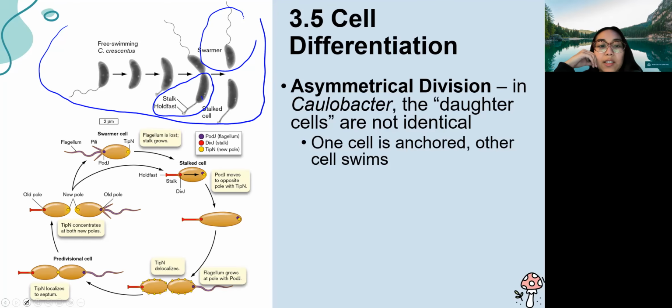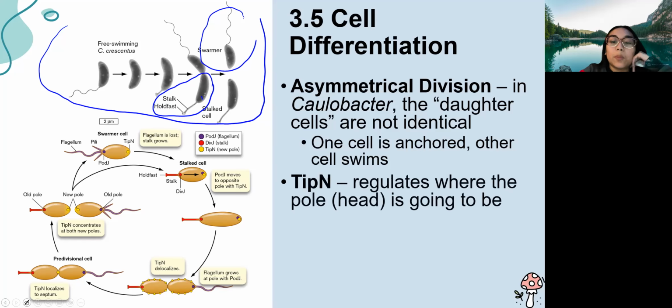Okay, so let's briefly talk about the proteins that are involved in this whole differentiation thing. So there's one protein called TipN. TipN basically regulates where the pole is going to be. And when I say pole, well, the book calls it a pole, but I like to call it the head, okay? And so TipN is this yellow protein here.